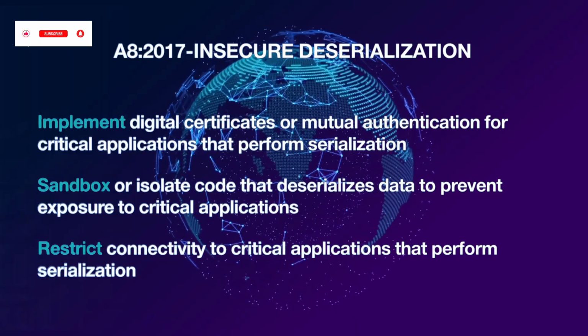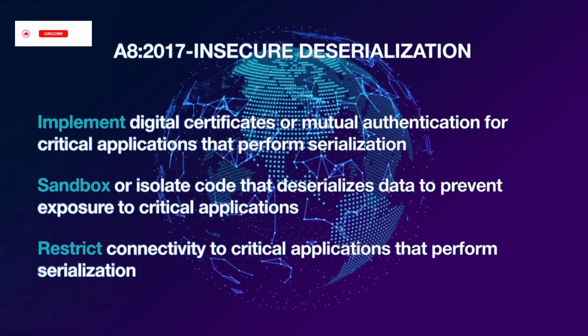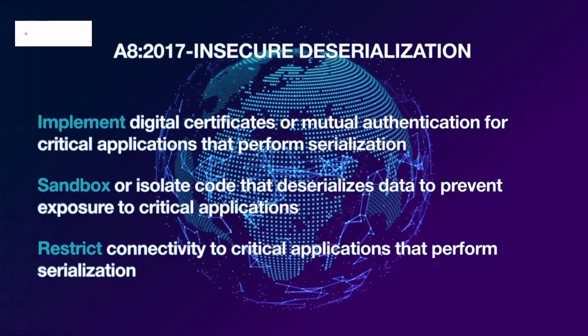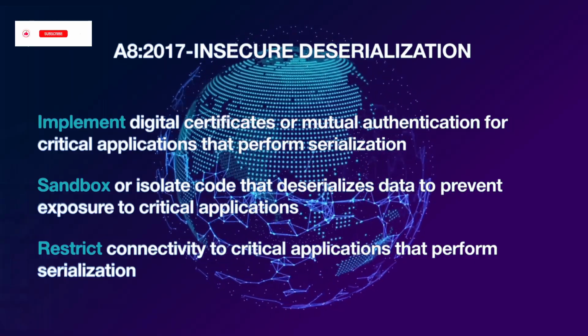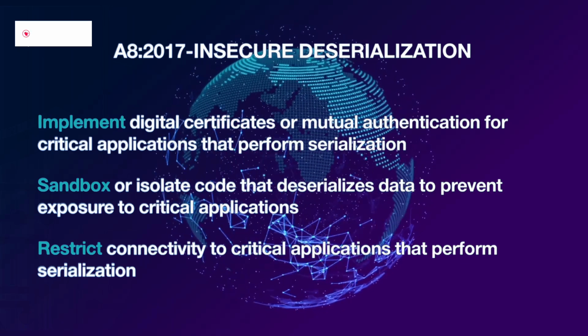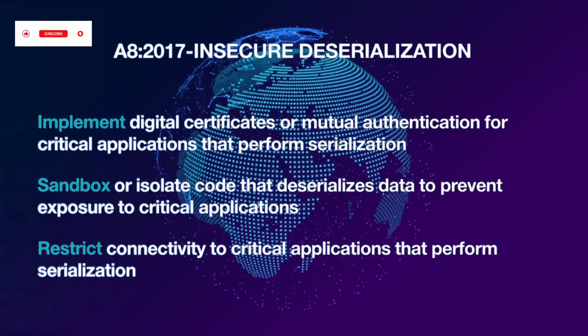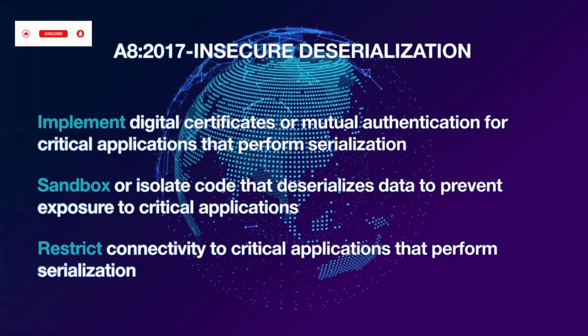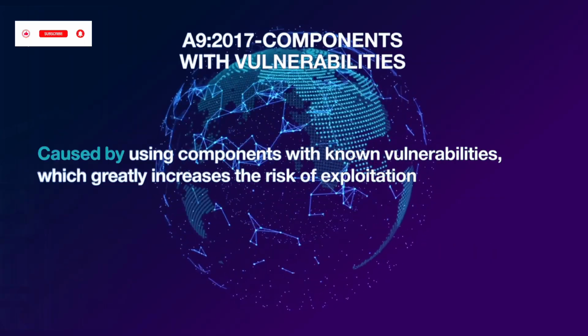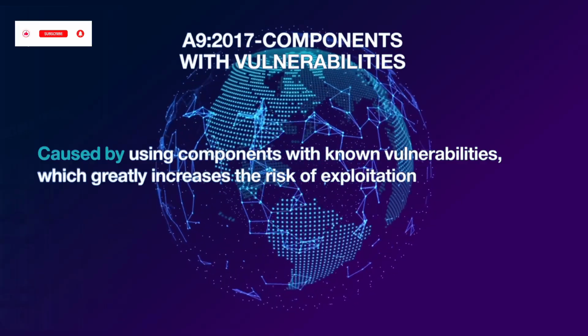So the bottom line for this one is just to understand that we want to only execute API connections and other connections with software that we trust. We don't want to allow untrusted connections, and that's going to reduce the risk that much further. Then we can focus on sandboxing and isolating the code as such.